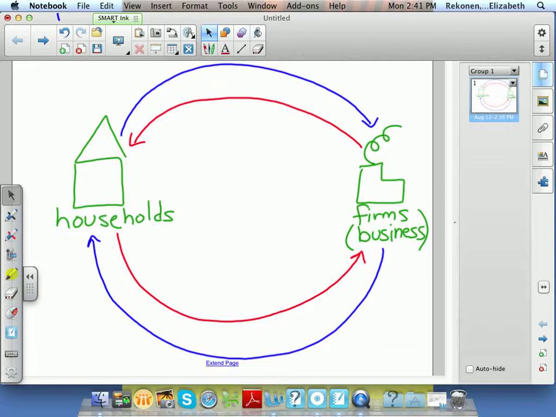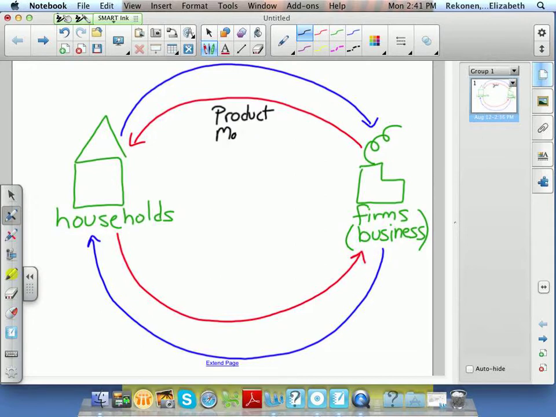Now, up here is what we call the product market. Now, a market is where things are bought and sold, and a product is something that is bought and sold. So here we're talking about a place where things are bought and sold.